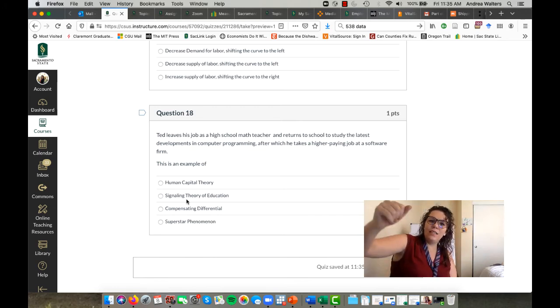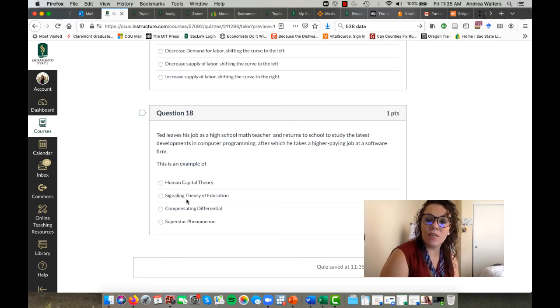Question 18 says, Ted leaves his job as a high school math teacher and returns to school to study the latest developments in computer programming, after which he takes a higher paying job at a software firm. This is an example of human capital theory, signaling theory, compensating differential, or superstar phenomenon.